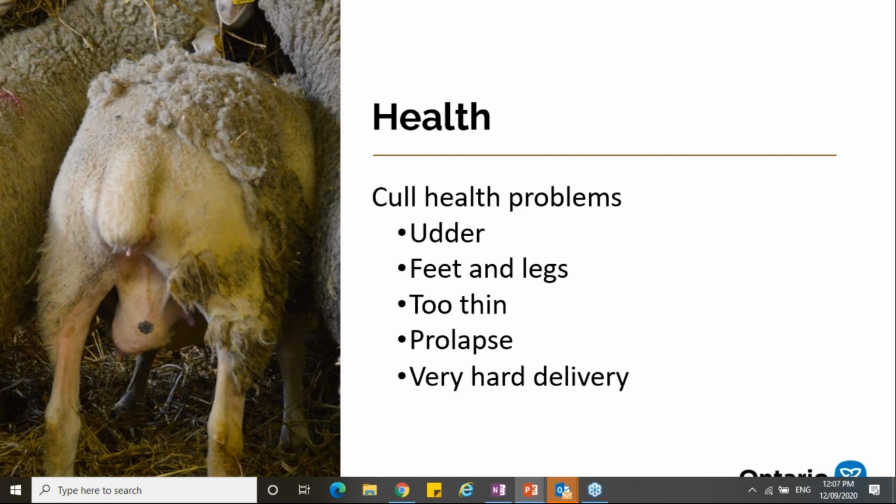That said, if all the animals or the majority of the ewes have a problem, then this could be a specific health problem that you need to solve with management rather than culling. It's when you have that one individual who's not coming up to snuff the same way as the rest that you maybe want to think, maybe her genetics aren't working in my system. These are animals that may or may not be okay the next time you lamb, but they could potentially add a whole bunch of work if they're not okay.